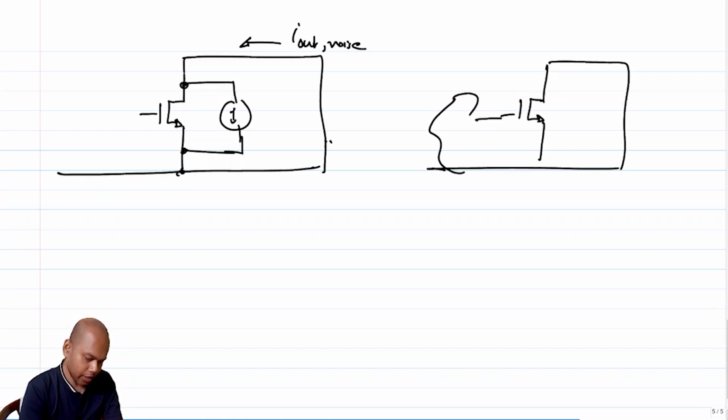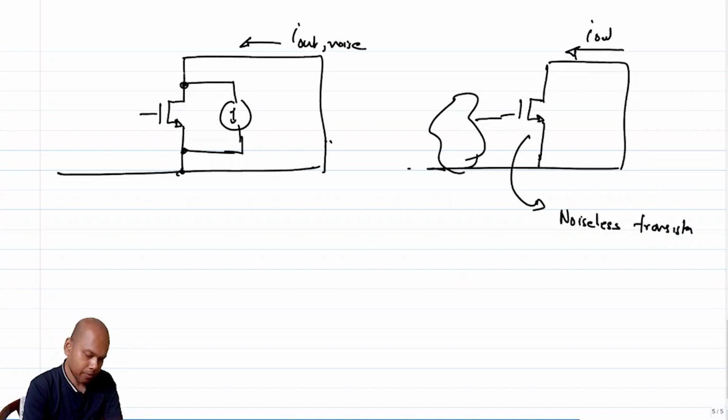What should I put here so that I have a noiseless transistor, but yet I have the same output noise current, which means that all the noise sources have to be translated here, right?